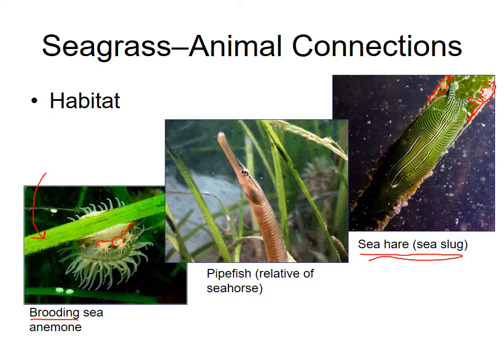Okay, and then there are some predatory organisms that use the seagrass as a habitat as well, and some of them are very well camouflaged in the seagrass habitat. So this is the pipefish, which is a syngnathid fish in the family Syngnathidae, and it's a relative of the seahorse. They both have that snout-like mouth that's good for sucking up small prey like amphipods and isopods that are hiding in the seagrass beds.